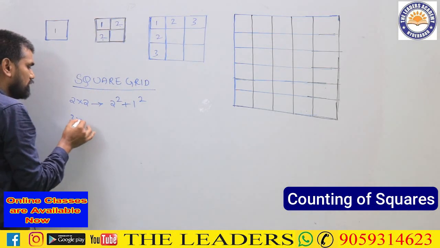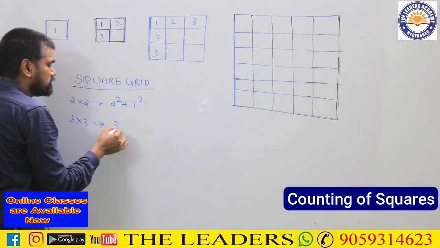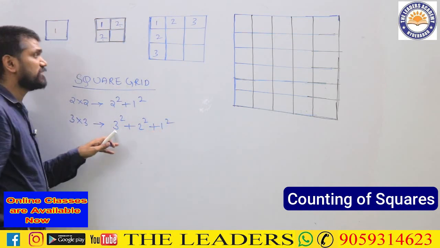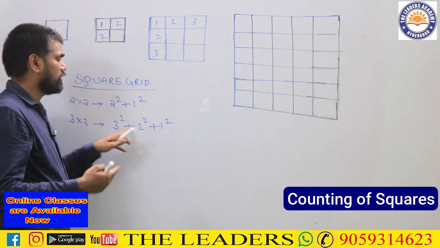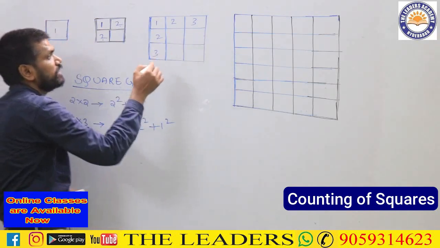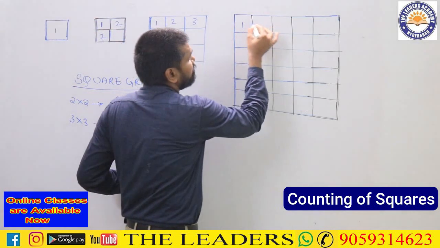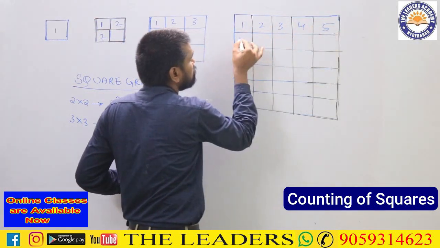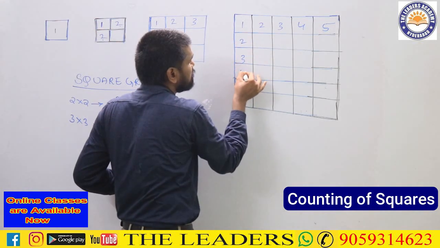So in this particular diagram, you can go like this, 3 square plus 2 square plus 1 square. You simply start with this. You keep on reducing the number by 1 until you go to 1 square. This is a square grid which is having 5 rows and 5 columns.